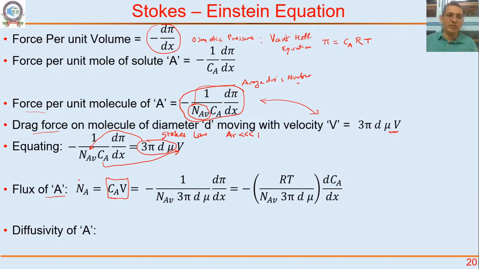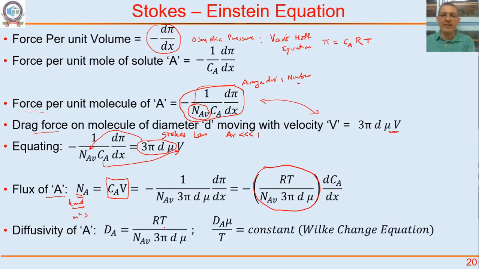This tells us the flux of A, kilomoles per meter square per second. Now if you rearrange, use Van 't Hoff equation, you will get this expression. Now this you can compare with Fick's law and you will find that the diffusivity is RT divided by Avogadro number 3 pi d mu.